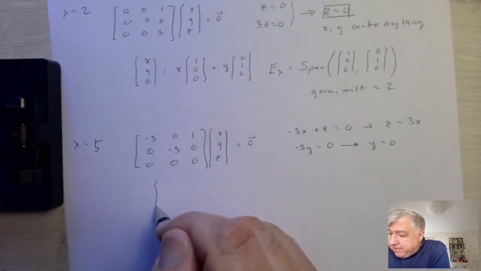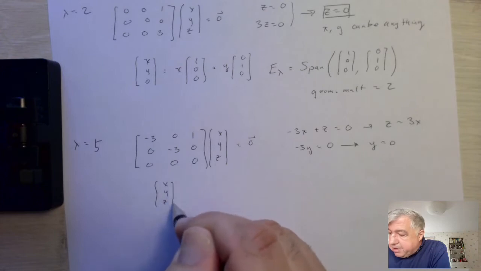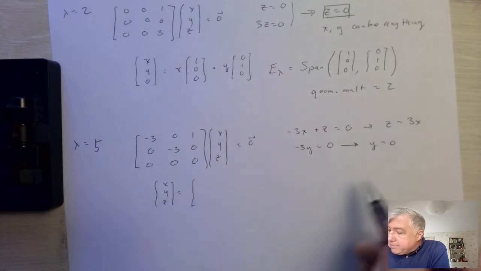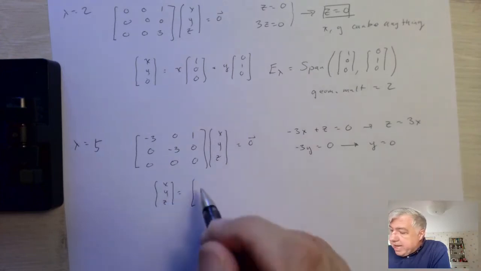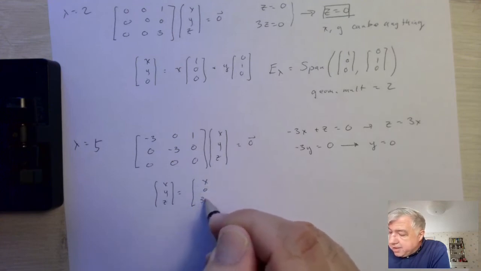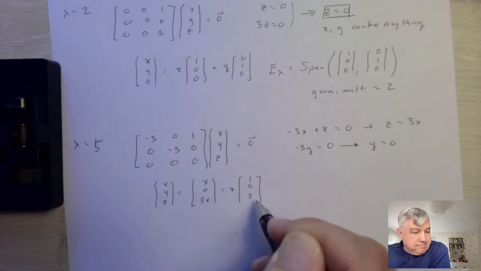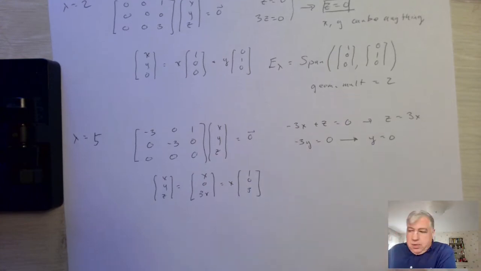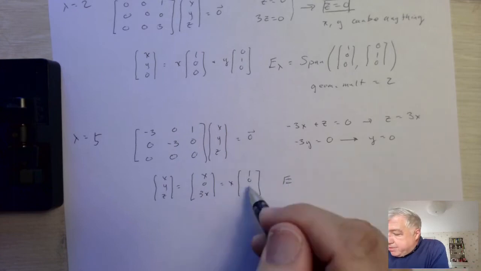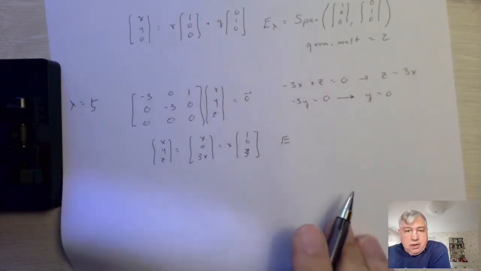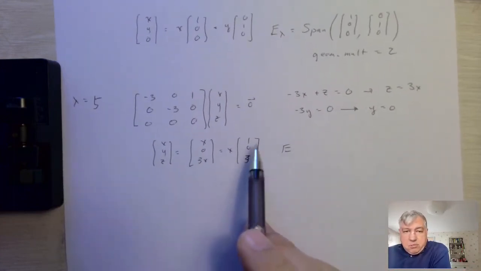A typical eigenvector x, y, z is going to look like x, 0, 3x, or x times 1, 0, 3. And so we can see that everything is a scalar multiple of 1, 0, 3.